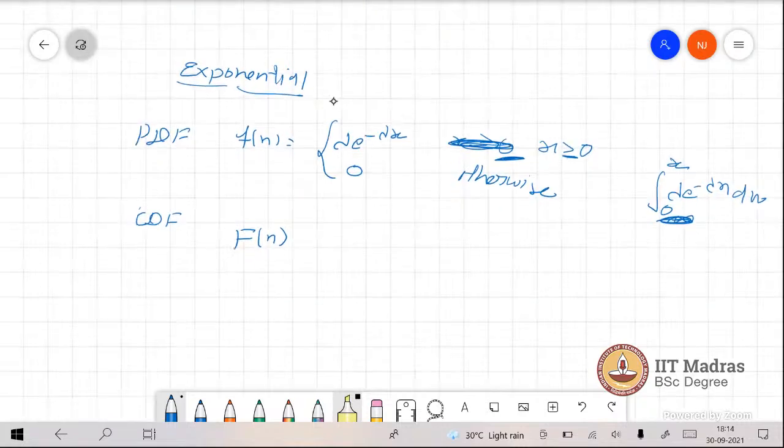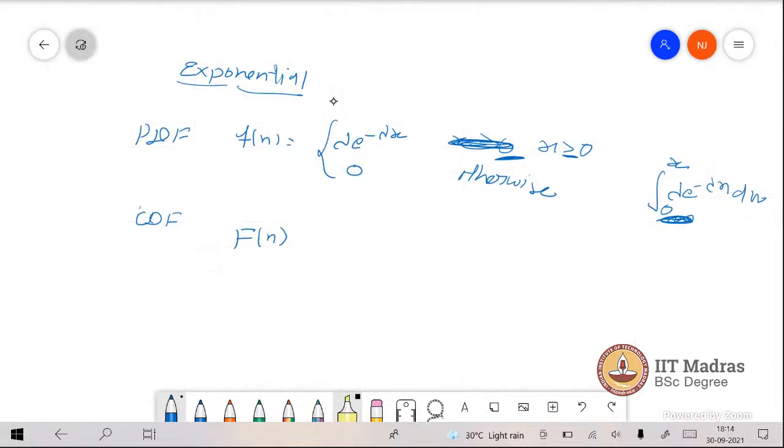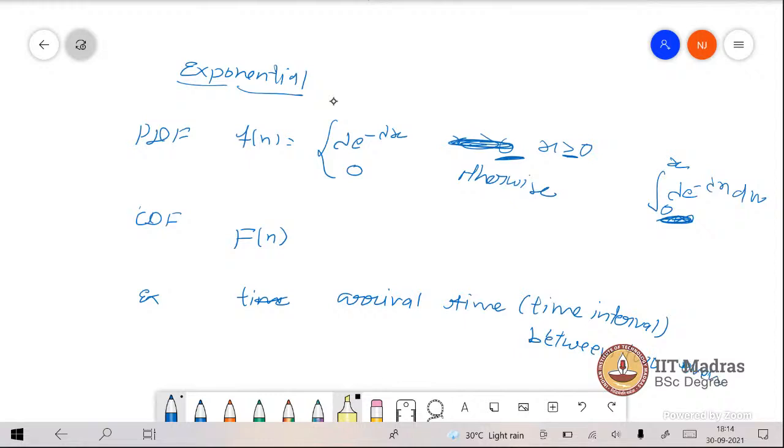Okay, sir. So if you look at the examples of exponential, it is the time, or say arrival time, the time interval between two events. This kind of scenario is modeled using the exponential distribution.